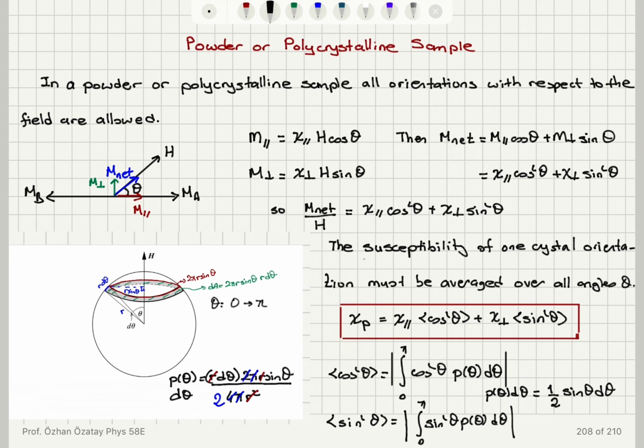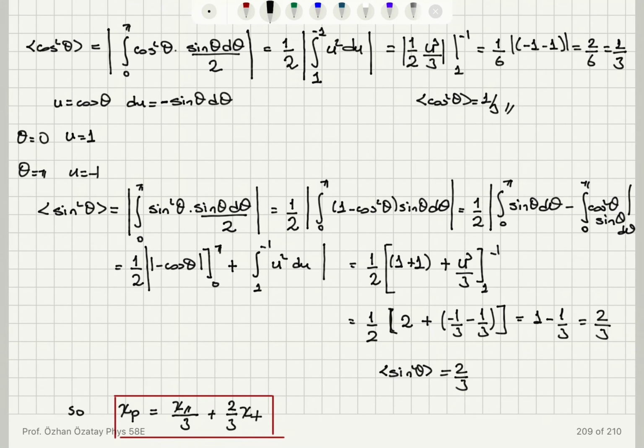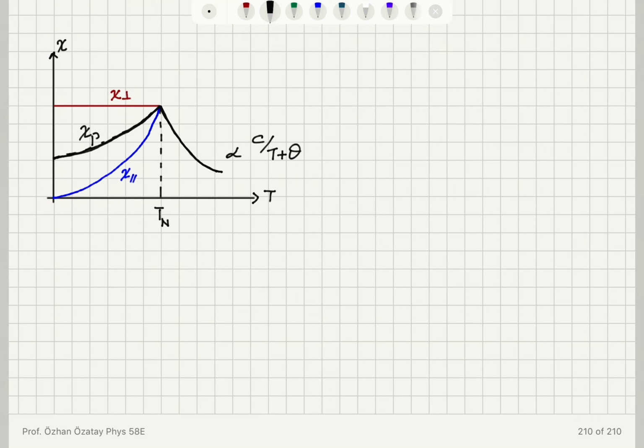So we have gone through the math and showed that the average value of cosine squared theta is 1 over 3 and sine squared theta is 2 over 3. So the powder susceptibility is 1 over 3 chi longitudinal plus 2 over 3 chi transverse. And if we plot this, we find that the susceptibility of an antiferromagnet in the transverse case was constant.